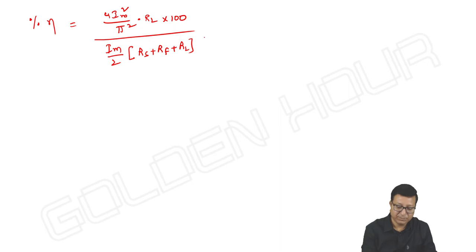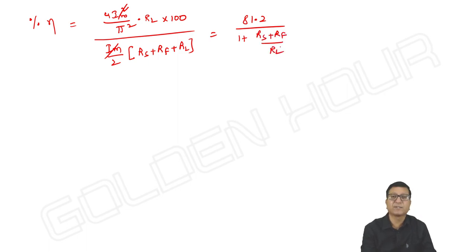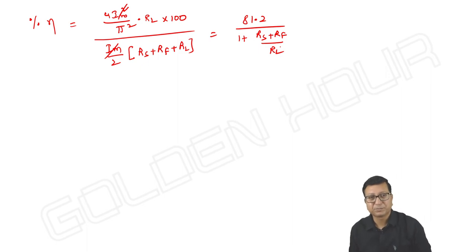Okay, so Im square cancels. It is 4 by pi square. Right, and directly I'm writing 81.2 by 1 plus RS plus RF by RL. This is the final calculation we can see.